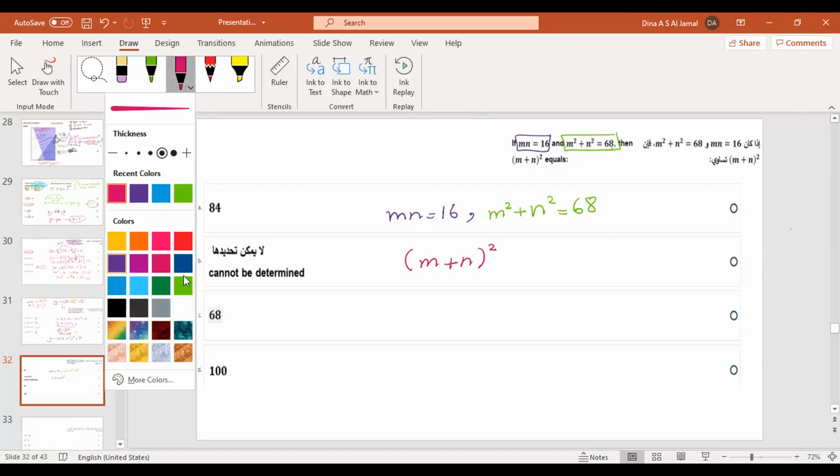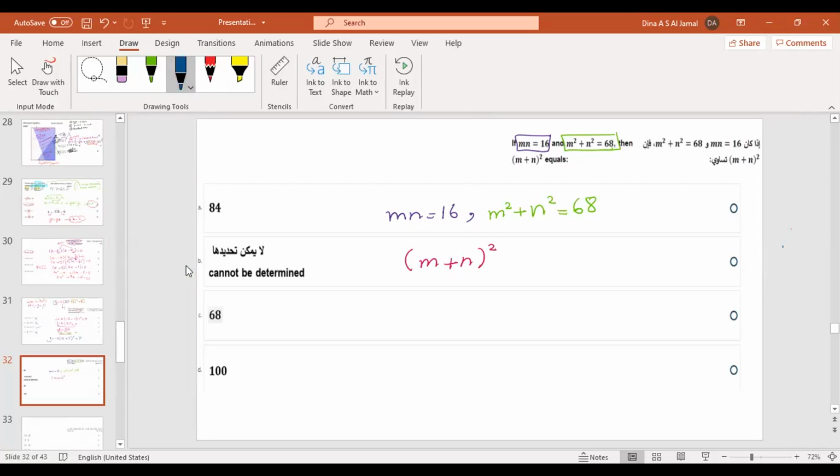Okay, let me ask a question and think about it before I give the answer. Isn't this the same form as what we took in the book, (a plus b) all squared? Didn't we take that it's a squared plus b squared plus 2ab?